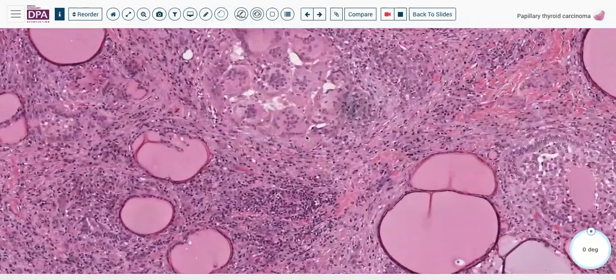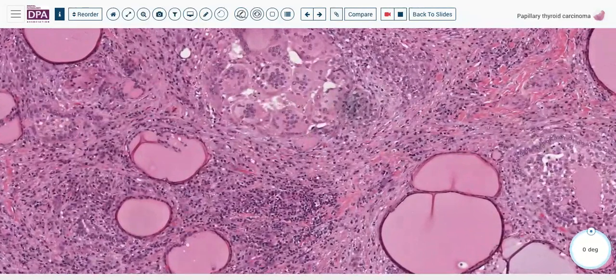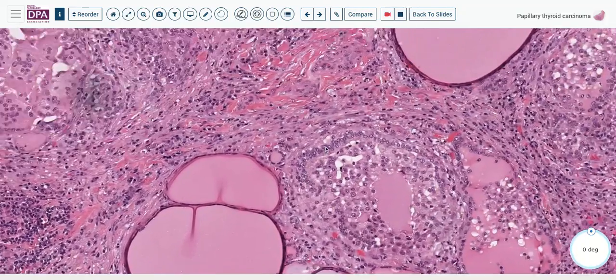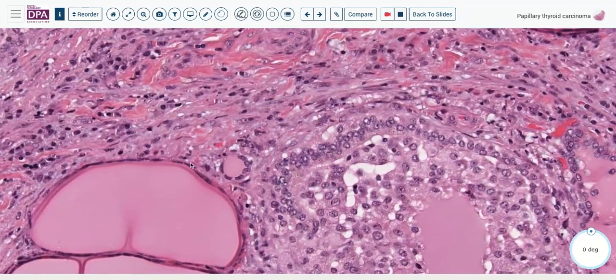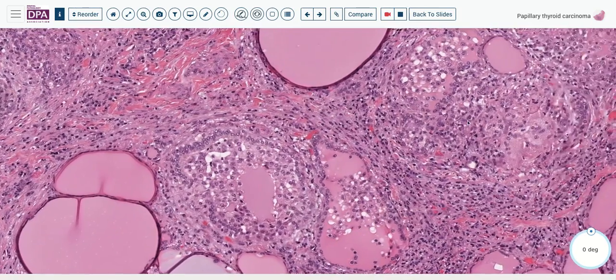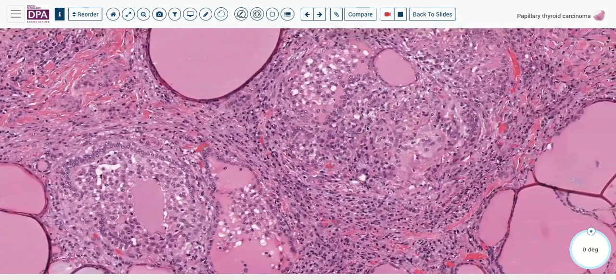But as we look a little further, we can see we've got some giant cell reaction to the colloid. But amidst this, we've got normal thyroid follicular epithelium here, abnormal follicular epithelium over here, with the crowding, clearing, and other nuclear features that we associate with papillary carcinoma involved with this.